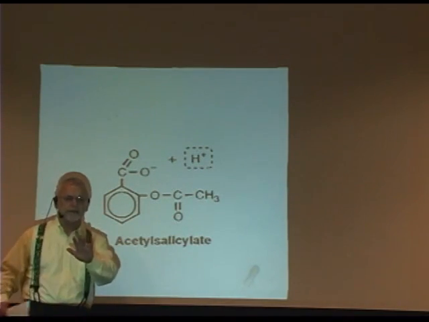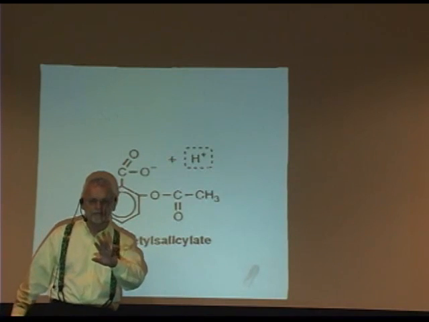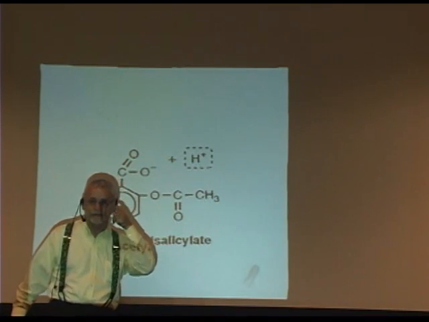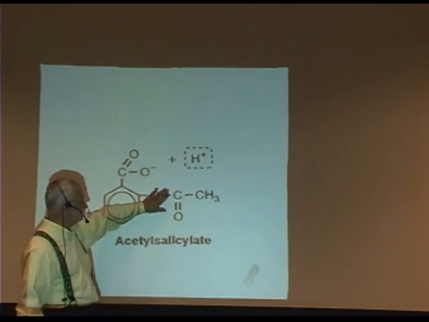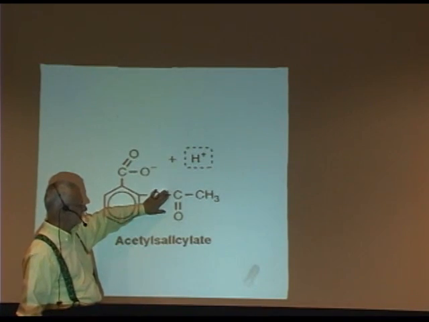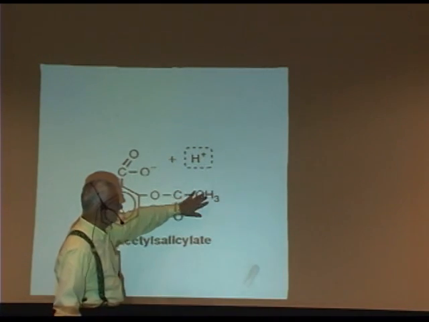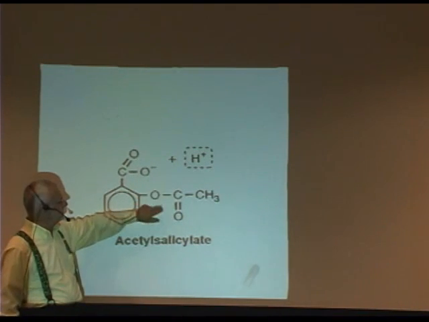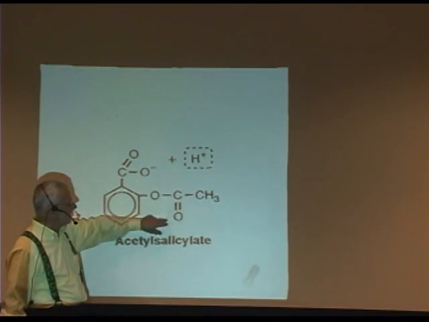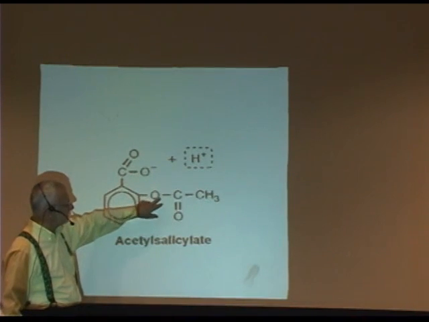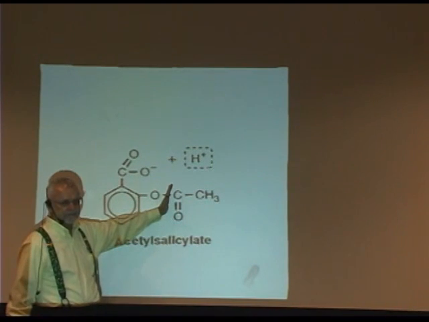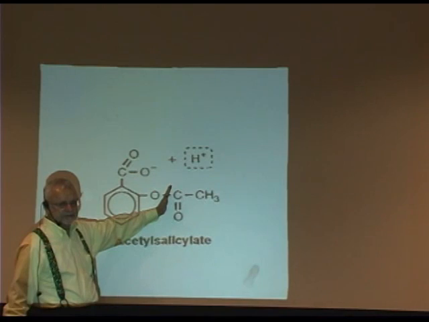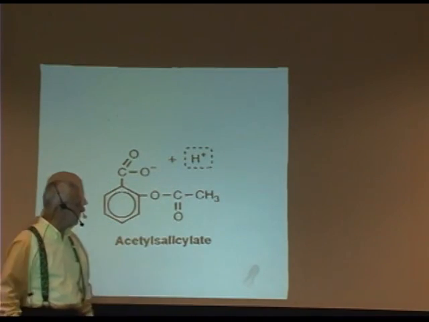And something you don't have to know for this course right now, but might come in handy later on, is this thing here. This is the acetyl group, from here over, this C double bond O and this CH3. That's the acetyl group. This is an ester bond here. When you hydrolyze that, you've got a hydroxide there and acetic acid here on this side.